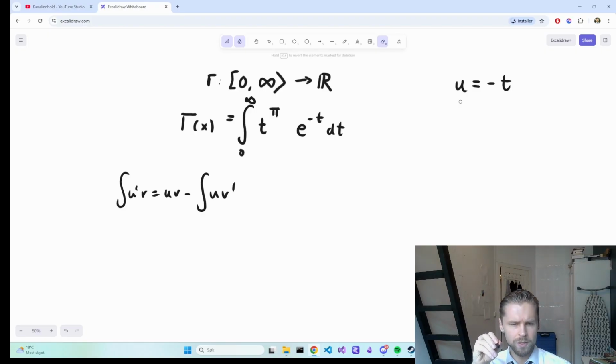That wouldn't change anything, really. I think the problem here is that, actually, I don't see a way to figure out this integral. How would I do it?